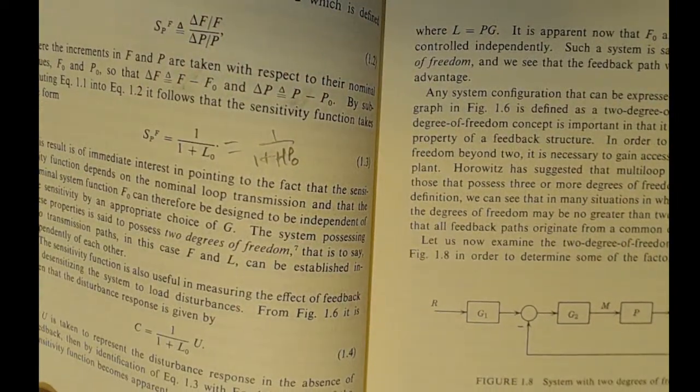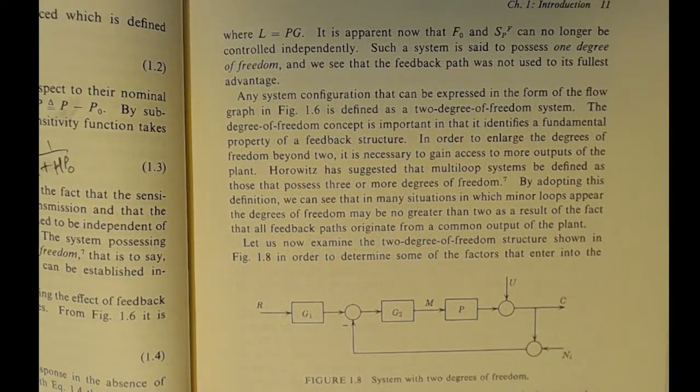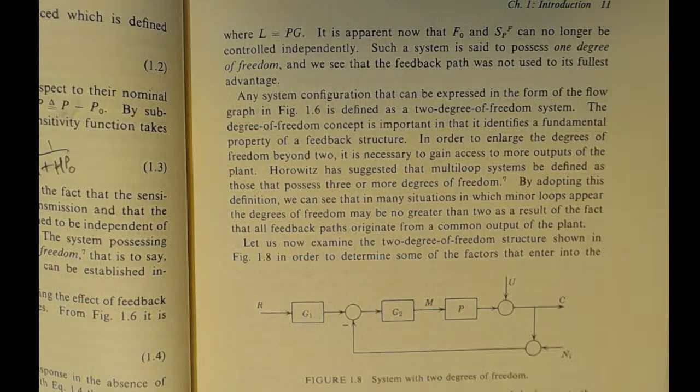Have I been writing that? Oh, I've been writing it down wrong. Okay, whoops. Can no longer be controlled independently, such that one degree of freedom was not used to its fullest advantage. Any system configuration that can be expressed in the form of the flow graph in figure 1.6 is defined as a two degree of freedom system.